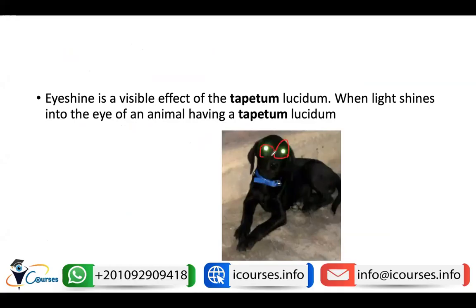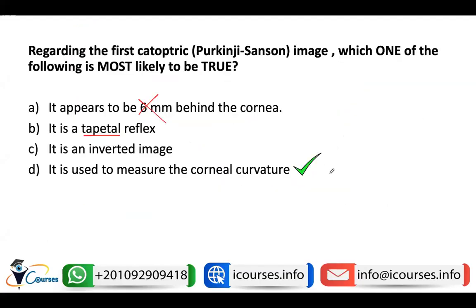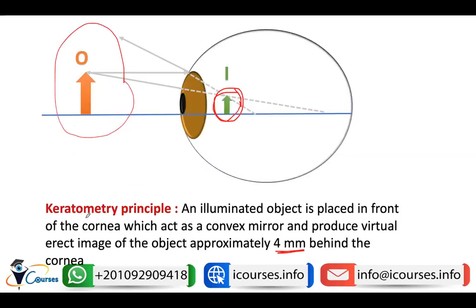It is what makes the eyes of cats and dogs appear shiny and bright, because they have a layer in their retina called the tapetum lucidum. We don't have this. Is it an inverted image? No, we said it is an erect, virtual and magnified image, used to measure the anterior corneal surface, because this is the base of a device called the keratometer to measure the anterior corneal curvature.